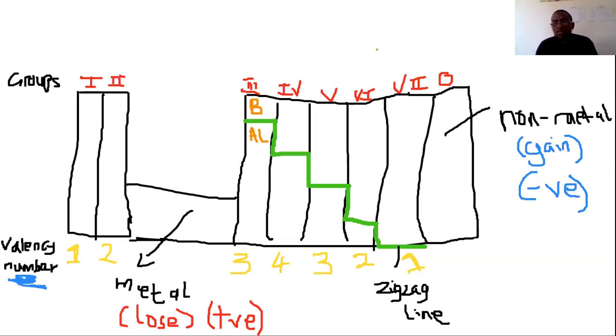Then, writing of ionic symbols. For writing of ionic symbols, we're going to make use of the formula shown there. X represents the atomic symbol. Then on that atomic symbol, above, you're going to indicate the valency number.